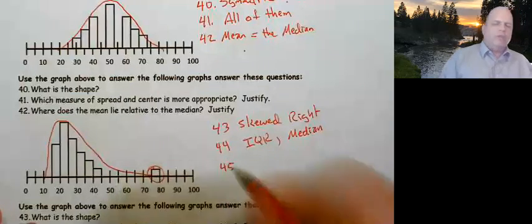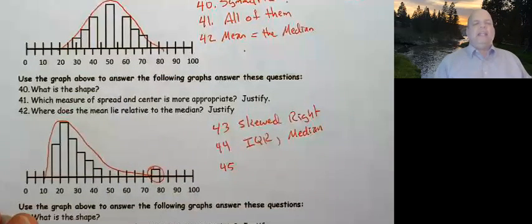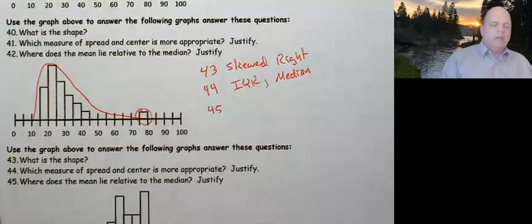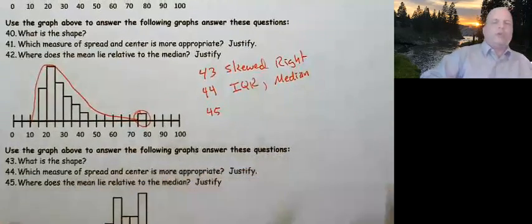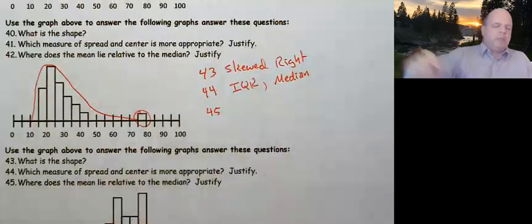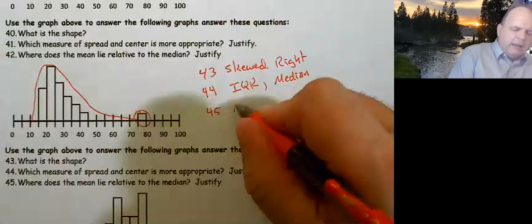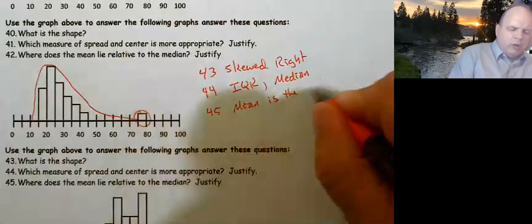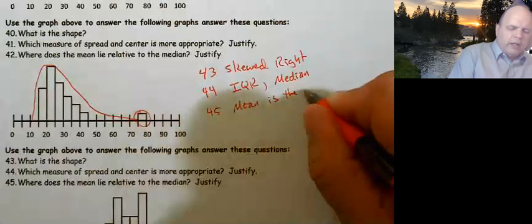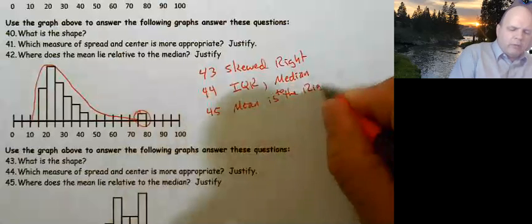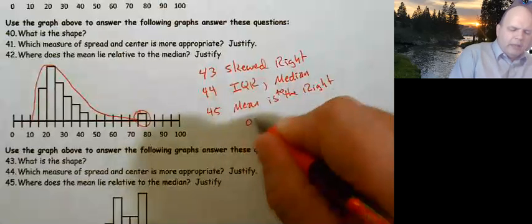And then the next thing is, where does the mean lie relative to the median? Well, this is skewed to the right, so it's been stretched to the right. So the average has been stretched up. So the mean is to the right of the median.